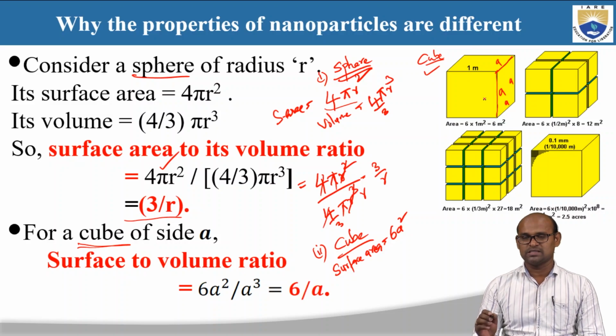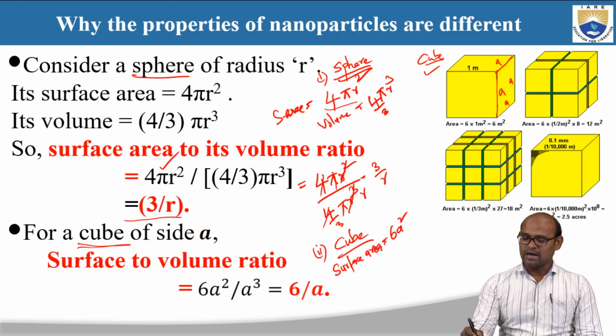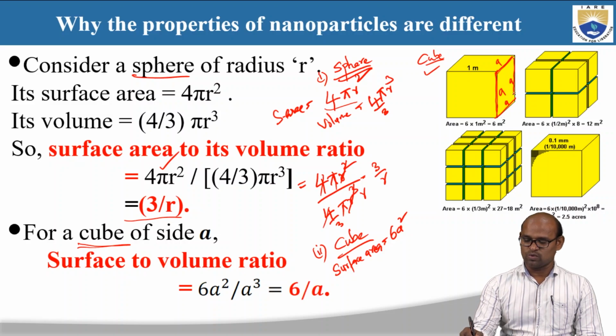Each cube has 6 faces, and the area of each face is a square, because each face is a square.